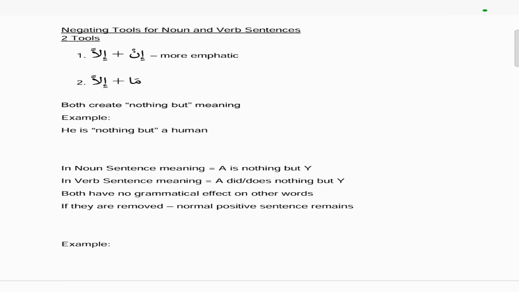In noun sentences, the meaning is he is nothing but Y. In verb sentences, A did or does nothing but Y. Both have no grammatical effect on other words, and if they are removed, a normal positive sentence remains. That's one of the ways you know, when you test it: if you remove the in and illa, then a normal positive sentence remains.